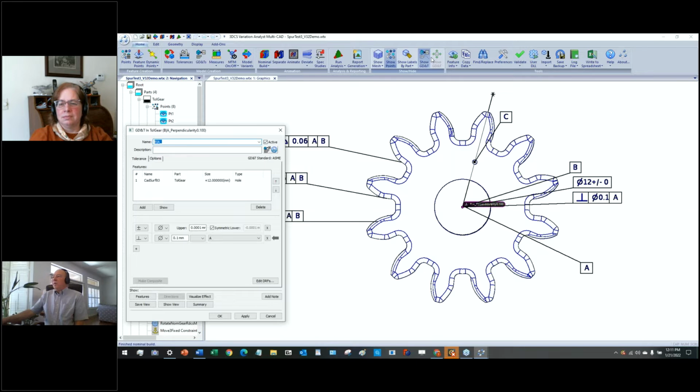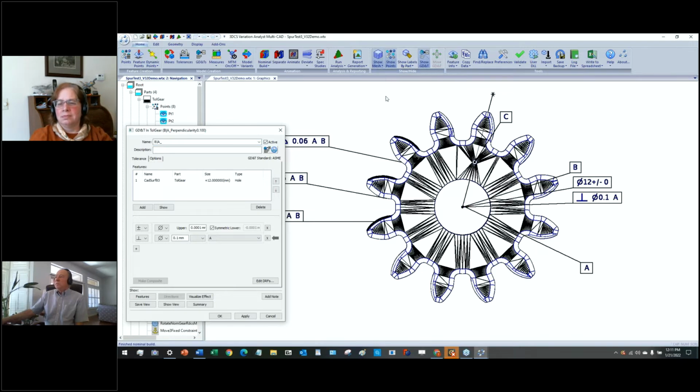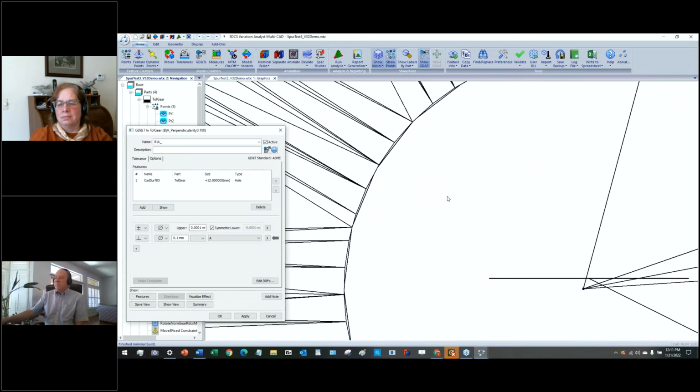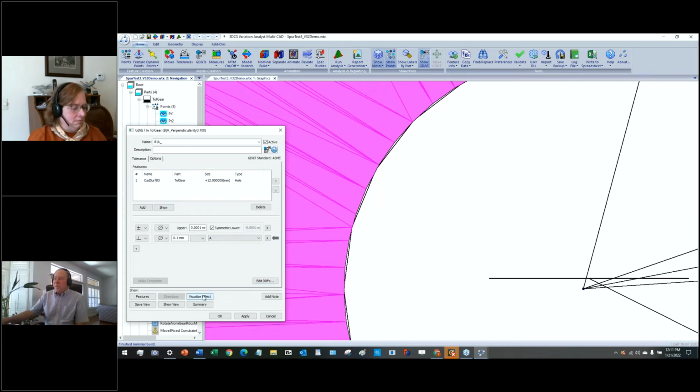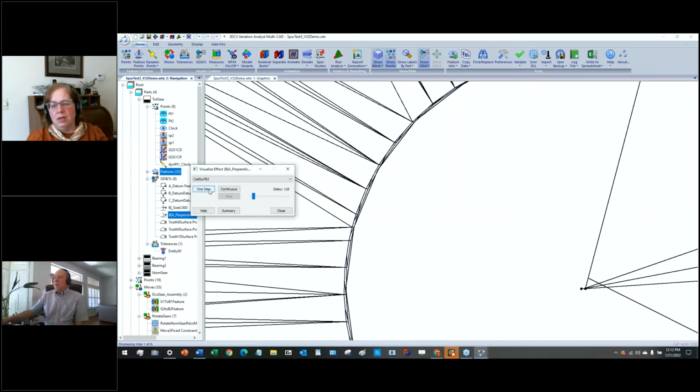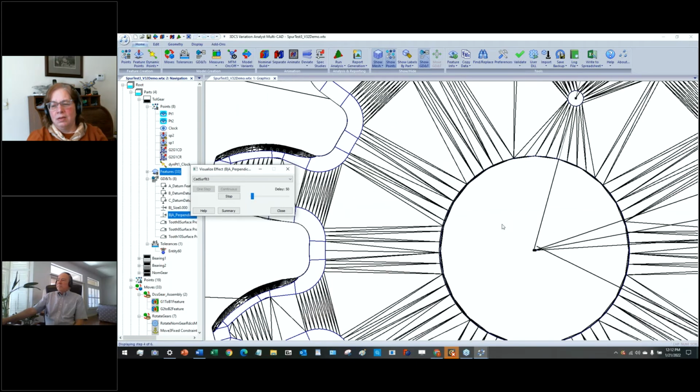Now, when you want to see what's happening with GD&T, you have to show the mesh. So let me turn on the mesh and zoom in on the B datum here. You have something called visualize effect. If you hit visualize effect, and we probably want to put some delay in it here, you can see that the mesh is rotating, but the part stays the same.